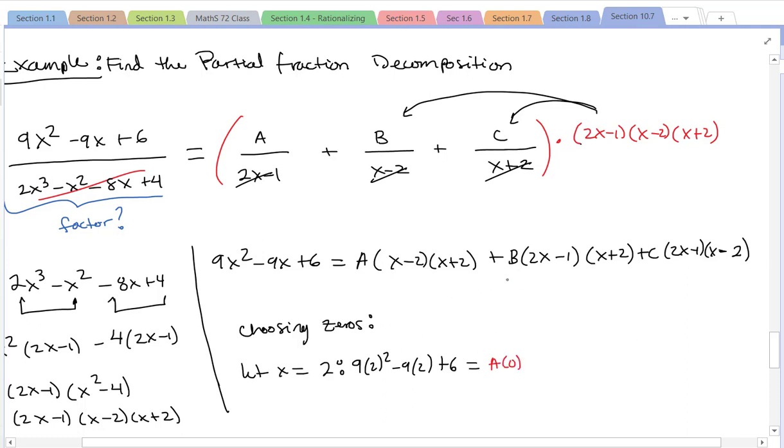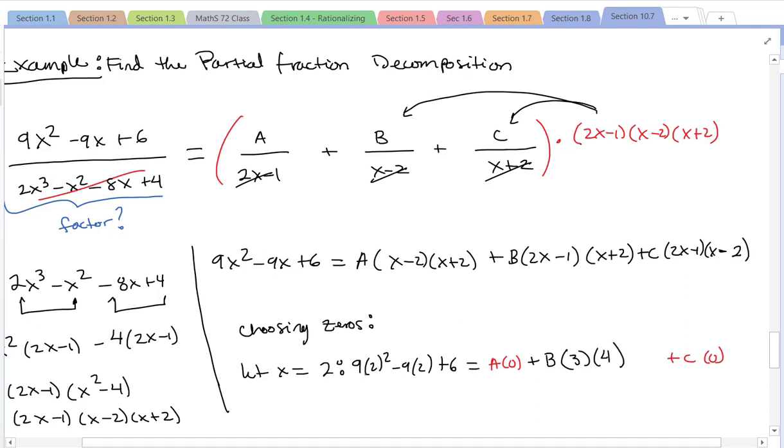When x is 2, the x minus 2 term, so I have an x minus 2 here, so the C term, I'm going to get a 0 there. But this one is going to stay. So it's going to be B times 2 times 2 is 4, minus 1 is 3, and 2 plus 2 is 4.